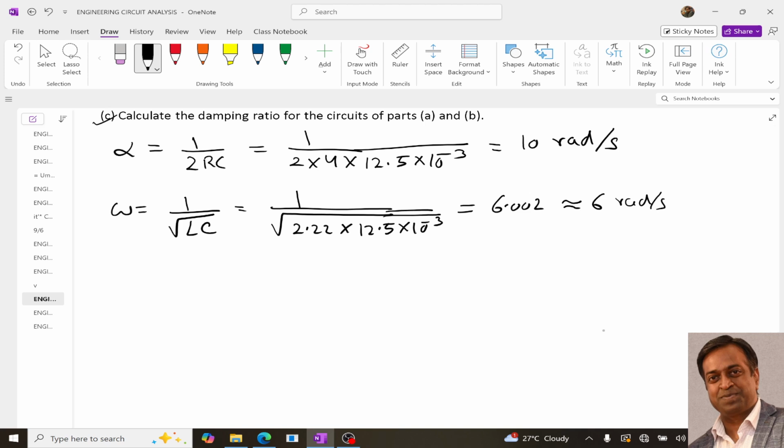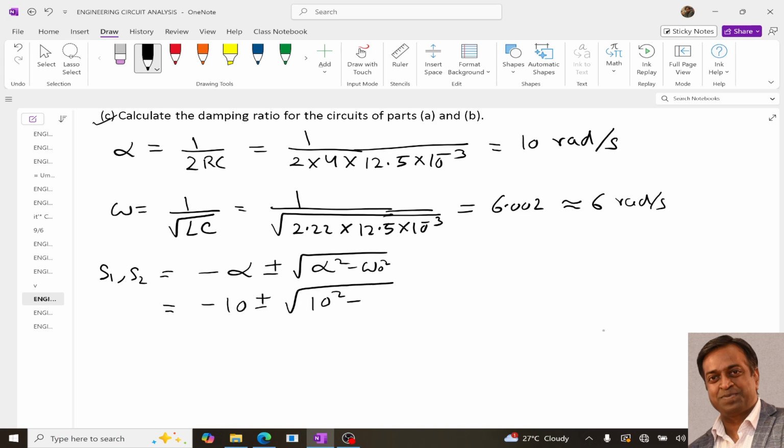Now S1 and S2 also we need to determine. For S1 and S2, the formula is minus alpha plus minus root of alpha square minus omega naught square, right? So substituting the values we get minus 10 plus minus root of 10 square minus 6 square. So it is minus 10 plus minus root 64.